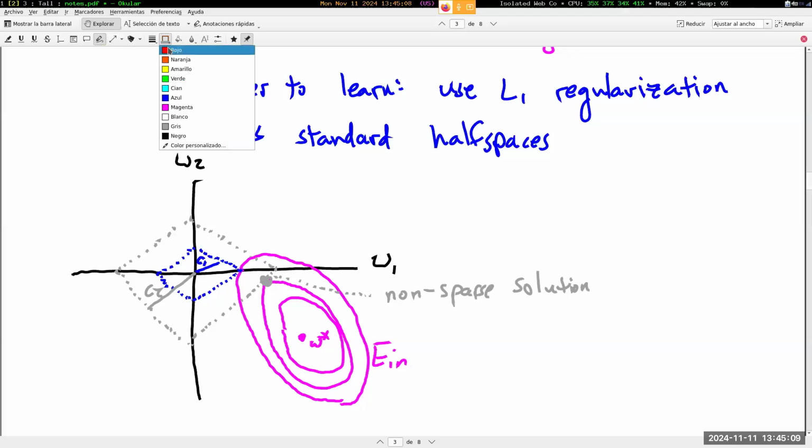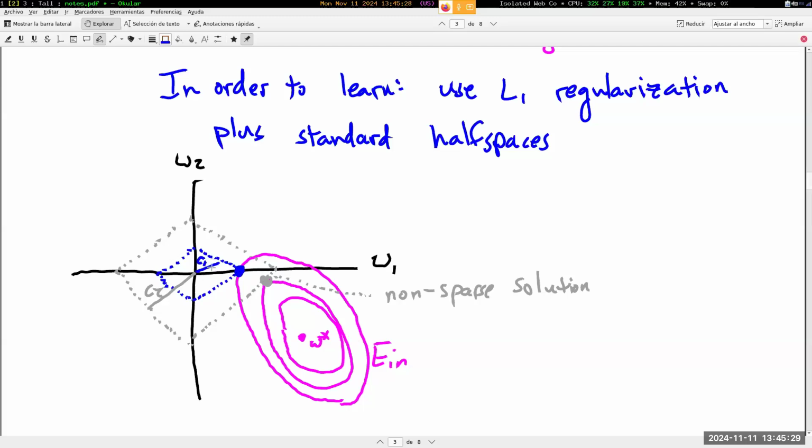The blue C value is smaller than the gray C value, so it has a stronger regularization. But at this point, this is the optimal hypothesis in the hypothesis class that minimizes my in-sample error.